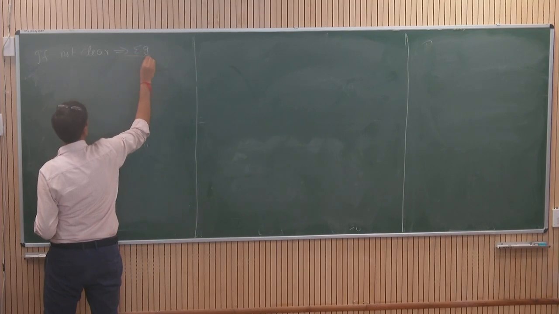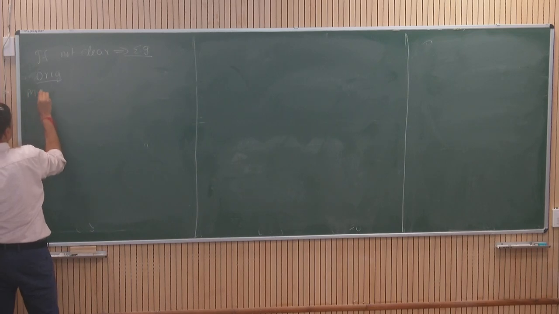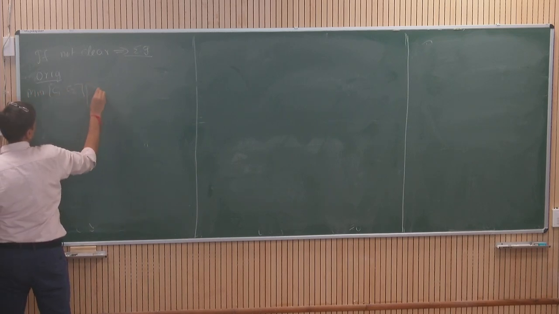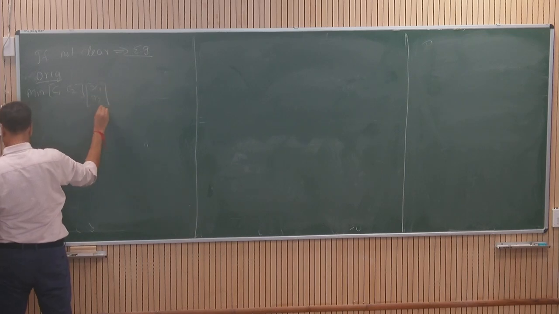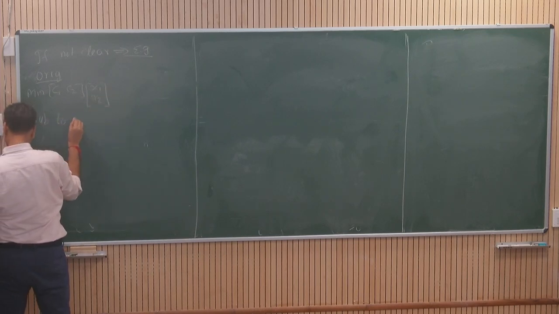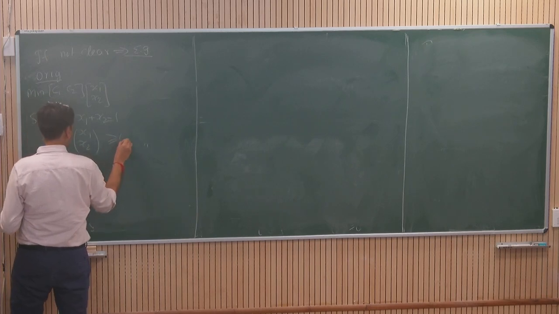If it's not clear, let's look at an example. This is the original problem: minimize C1, C2 times X1, X2, subject to X1 plus X2 equal to 1, X1 and X2 greater than or equal to 0.